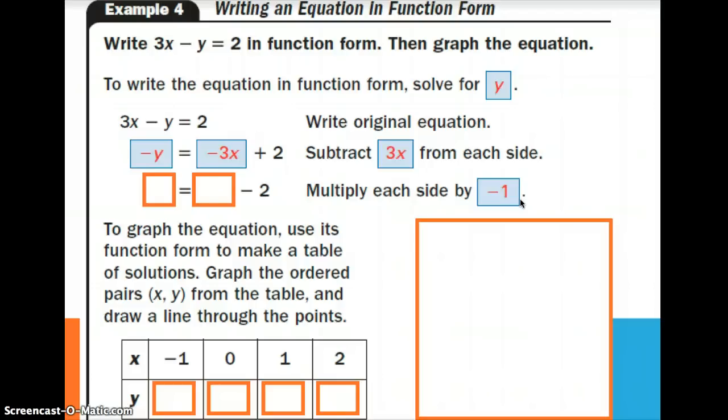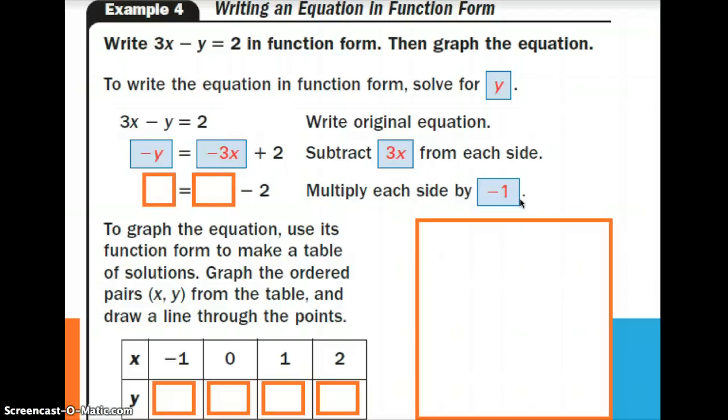Next, this is not a positive y. I now need to get rid of the negative. How do you get rid of negative 1 that is being multiplied to y? Think about the inverse of multiplying by negative 1. You should have said you divide each side by negative 1.